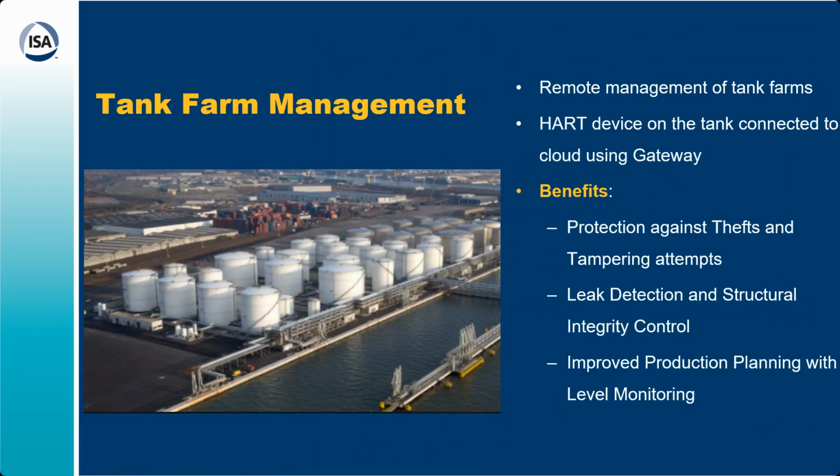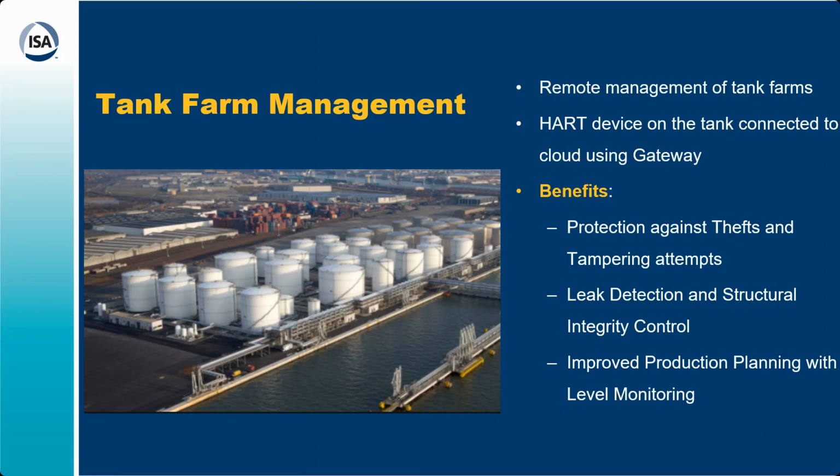You can improve your production planning if you have proper level monitoring of all your tank farms. All those things you can do because based on the tank level data, suppose you have tank gauges, say the solid tank gauges available from Vega or Corona.